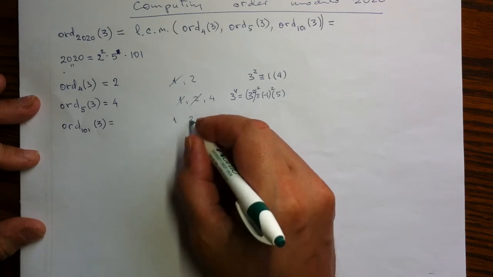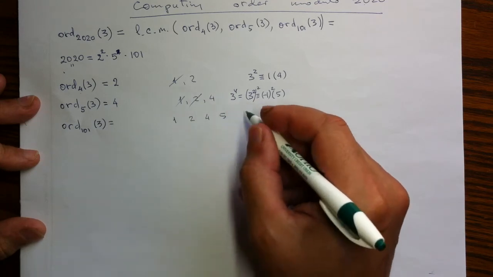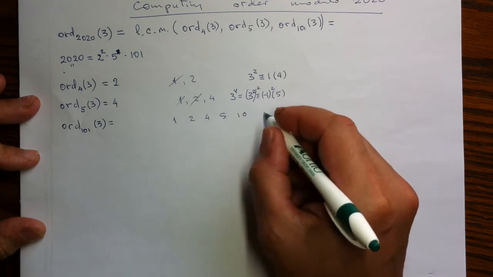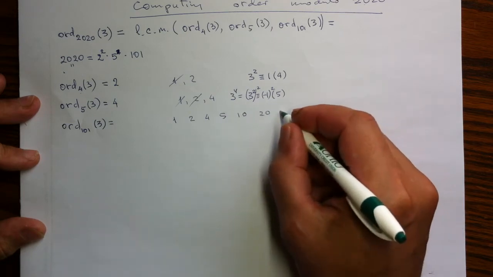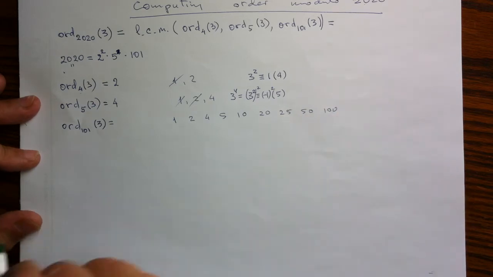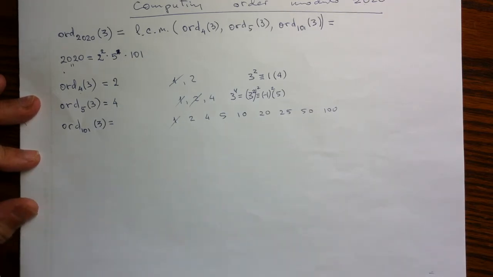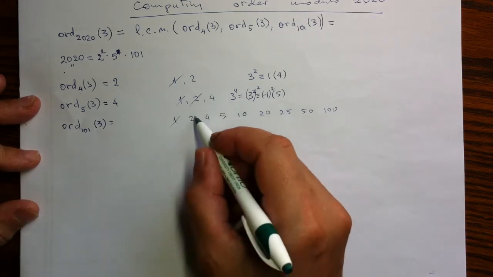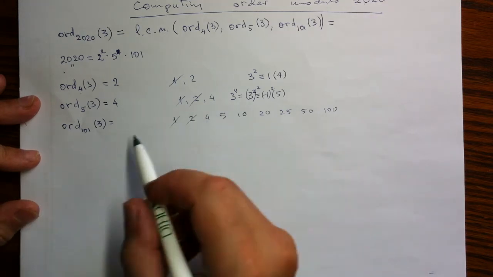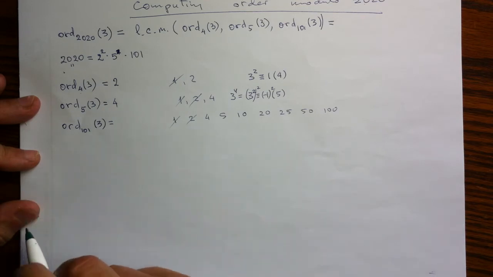It's 1, 2, 4, 5, 10, 20, 25, 50, and finally 100. So these are possible divisors. One is of course not an option, I just listed it as a divisor, but it is not an option, and so is 2, and so is any power of 3 which is less than 101.